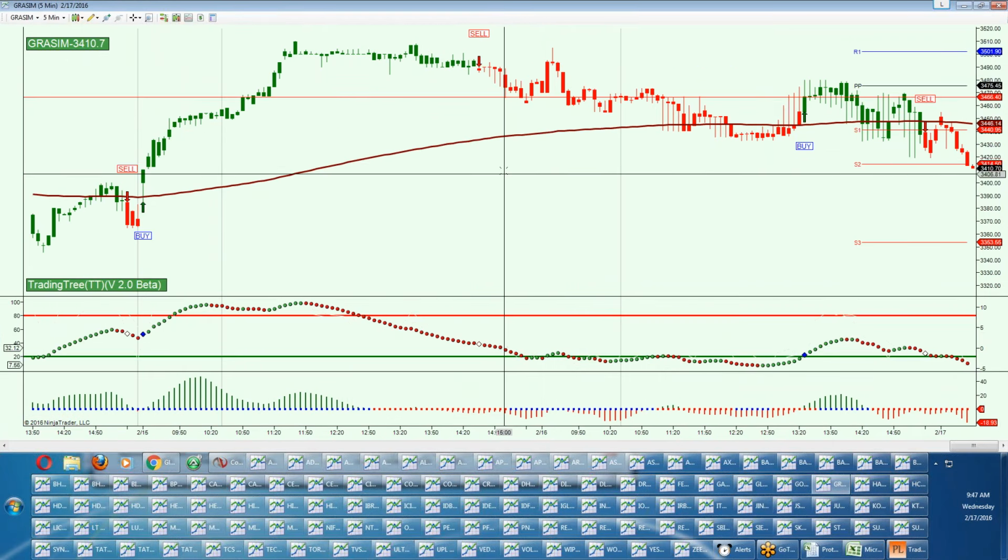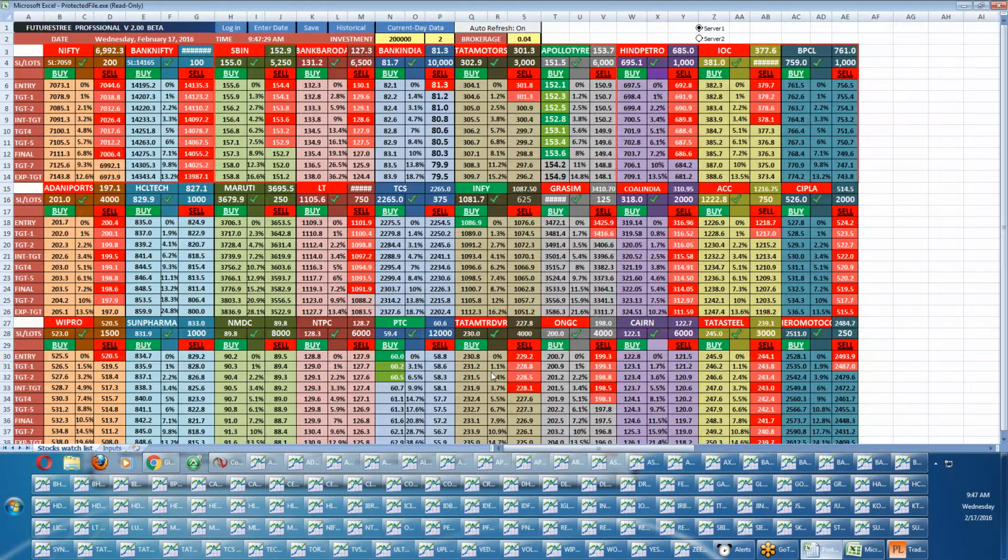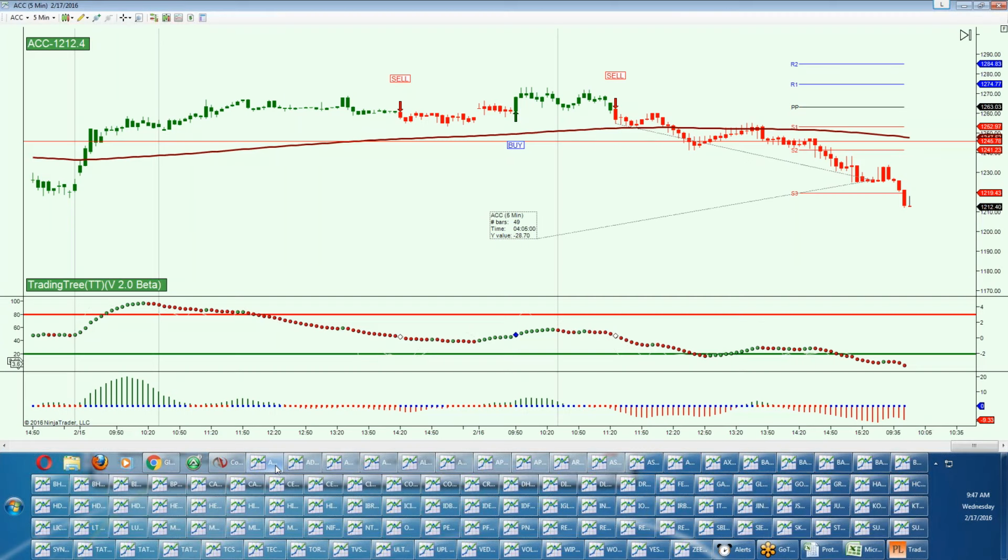So Grasim your entry is this 3414. We already have a sell call here. So Apollo Tire has done its final target. So that's ACC.